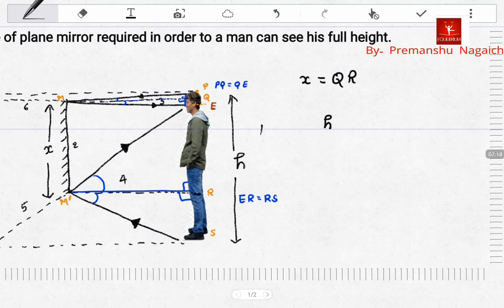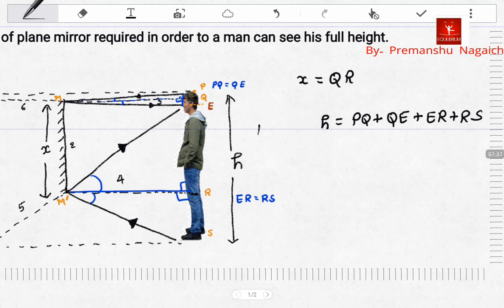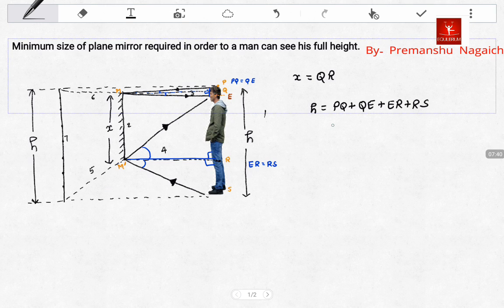Now here, h, the height of the man, would be equal to PQ plus QE plus ER plus RS. As we can see, PQ equals QE, so replace PQ with QE. This is 2QE now. And here as well, replace RS with ER, because ER is equal to RS, so 2ER.